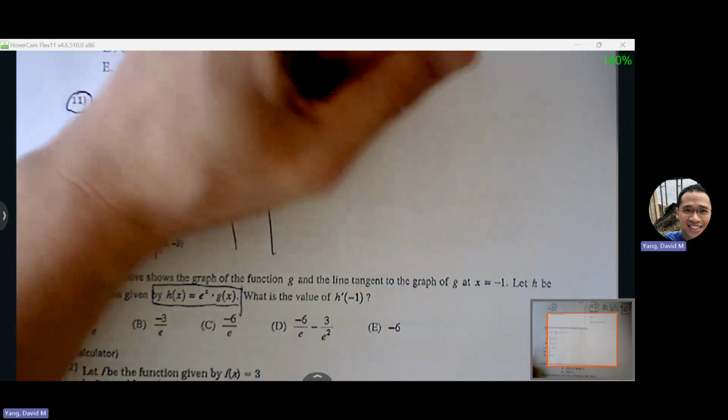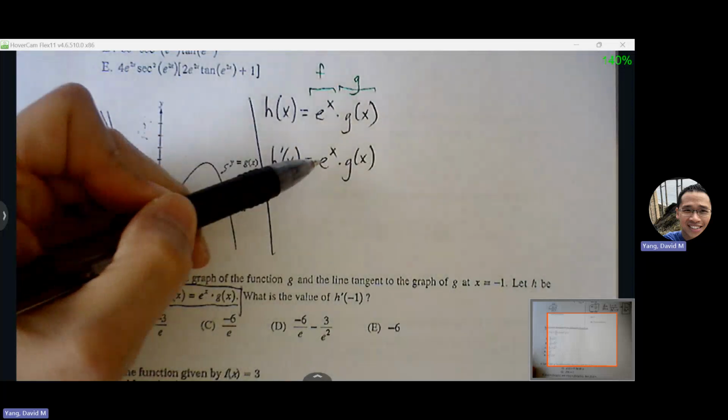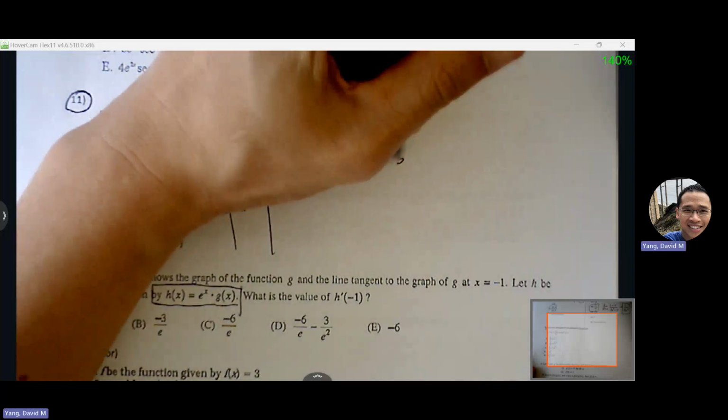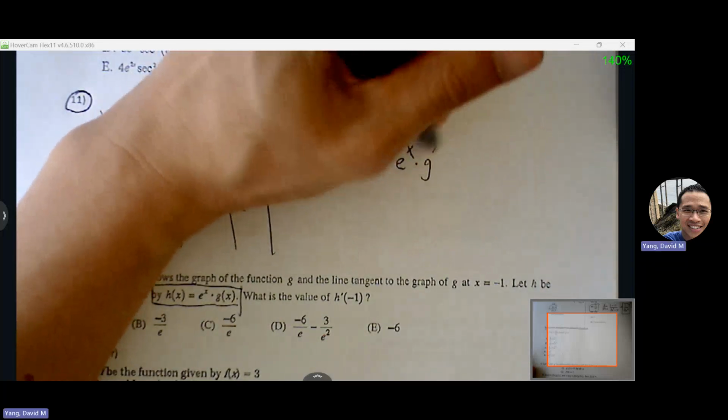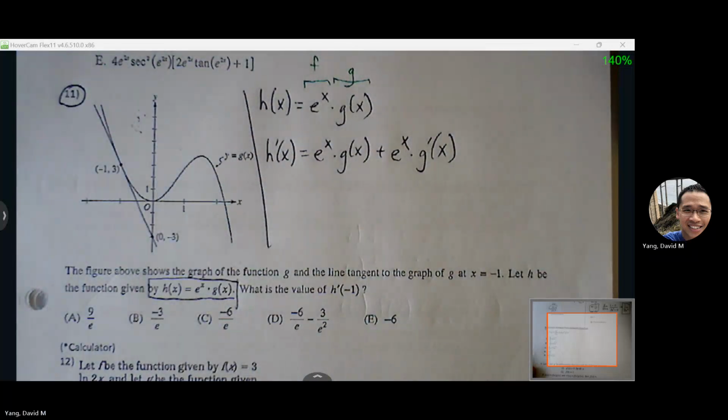So f prime times g. We know e to the x's derivative will stay as e to the x, plus f g prime. Okay, so now that we have our derivative, replace every x with -1 because that's our goal.